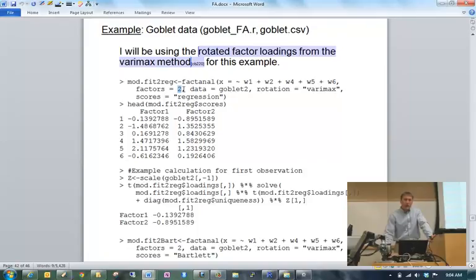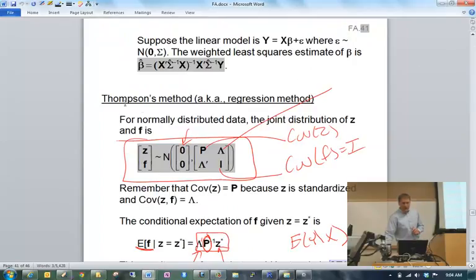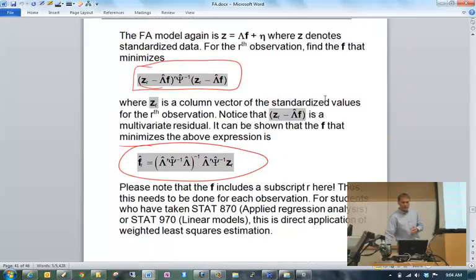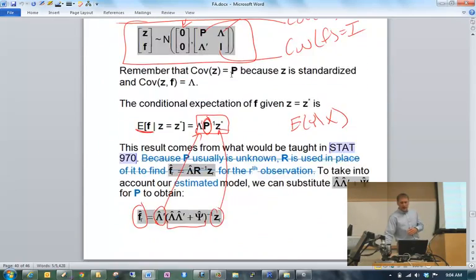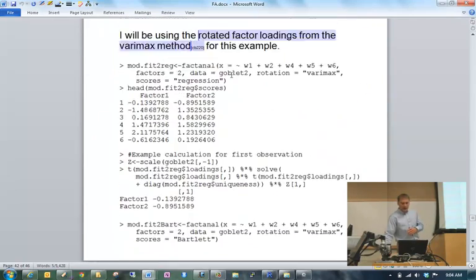I'm going to have two common factors, the goblet data set, rotation Varimax, and the new thing we had not seen before with this function, the scores argument. Scores equals regression. Thompson's method is sometimes known as the regression method, and Bartlett's method is sometimes known as the weighted least squares method. That's where the regression method comes from for the score.